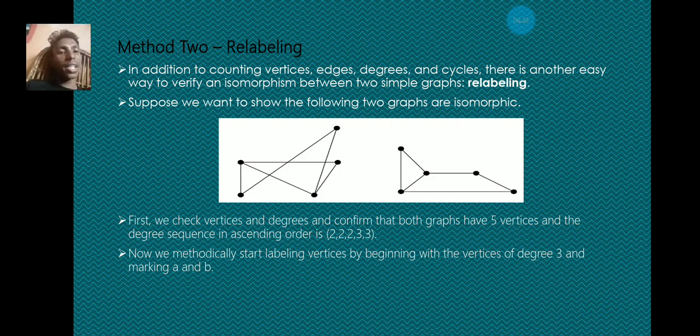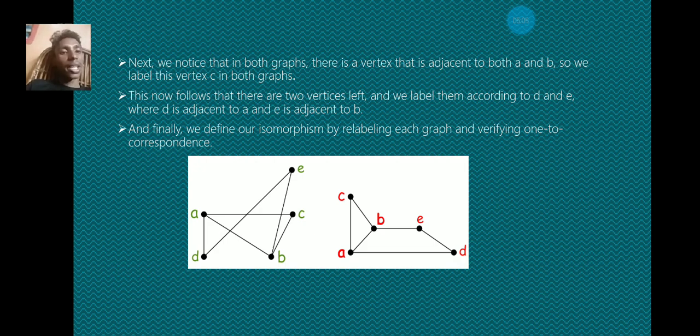First, we check the vertices and degrees and confirm that both graphs have 5 vertices and the degree sequence in ascending order is 2, 2, 2, 3, 3. Now we methodically start labeling vertices, beginning with the vertices of degree 3, marking them A and B like this.